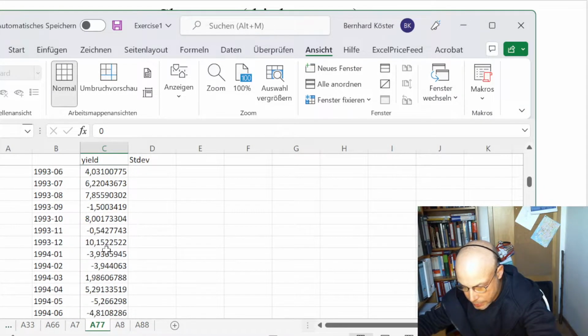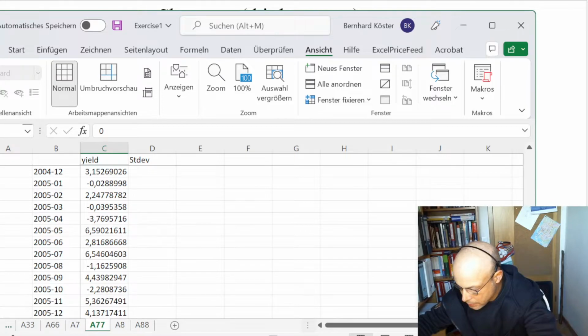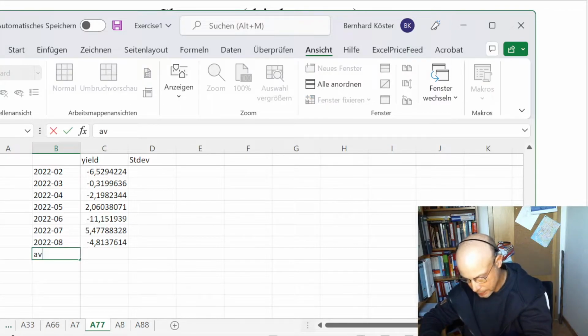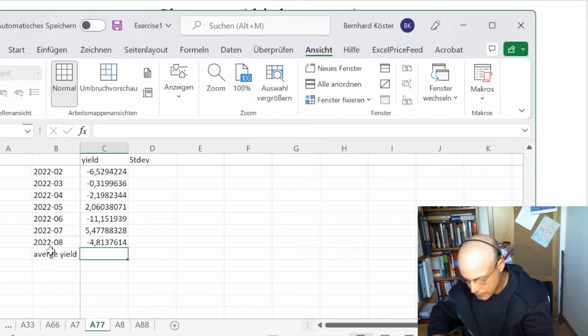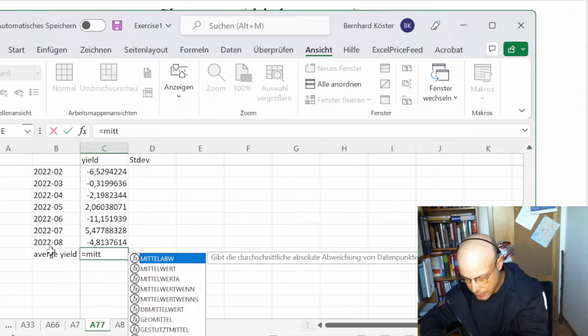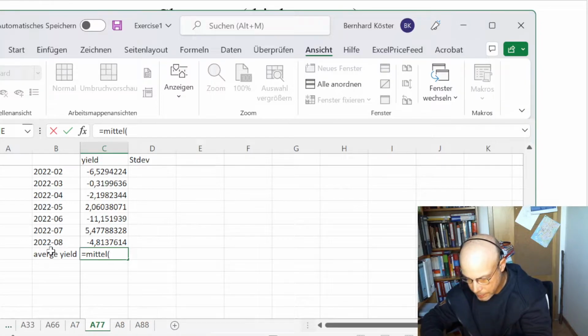So what we calculate is the average yield, and this can be done with our formula.